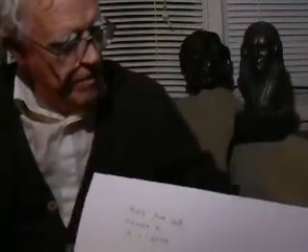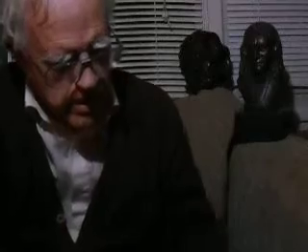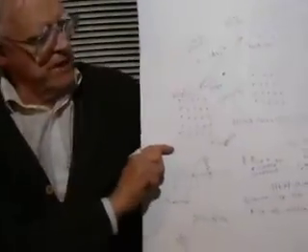say a two-dimensional growth pattern. So here's the picture of a two-dimensional growth pattern. This is, say, a 5 by 5 grid where each point is equally spaced.